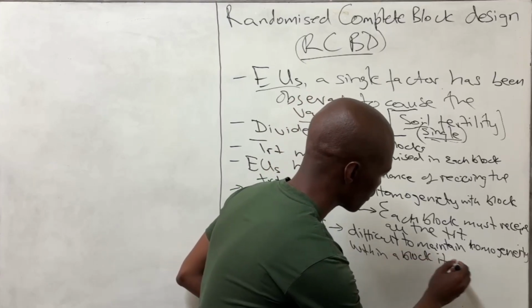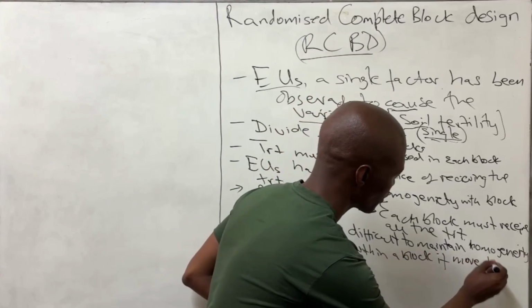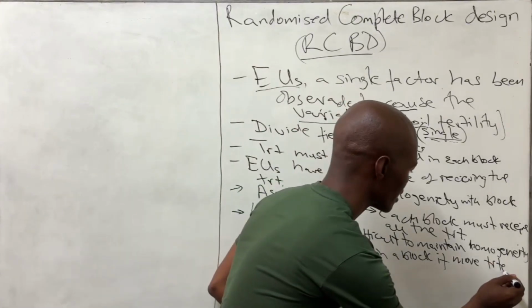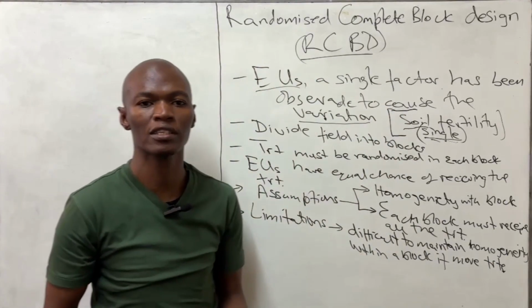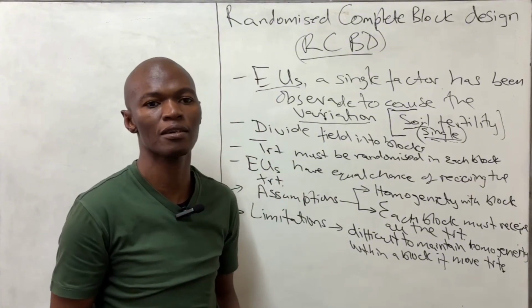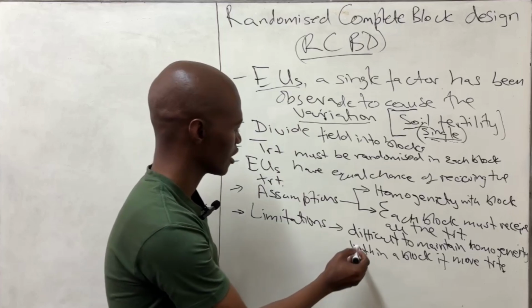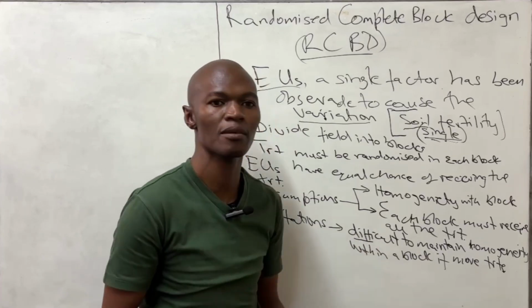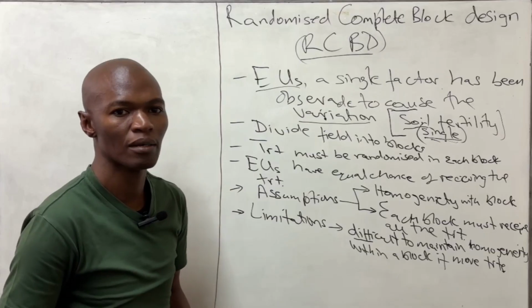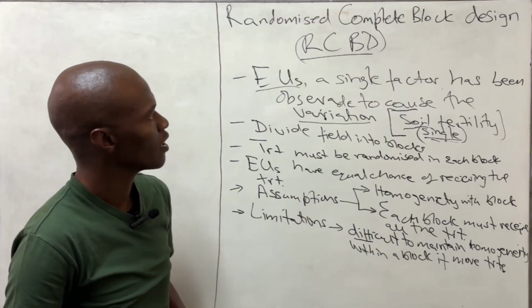If you have a lot of treatments, it's always difficult to maintain the homogeneity in each block, because you have to make sure that in each block everything is the same. So it's always difficult to make sure that everything is the same within each block. That is one of our most important limitations when it comes to this one.